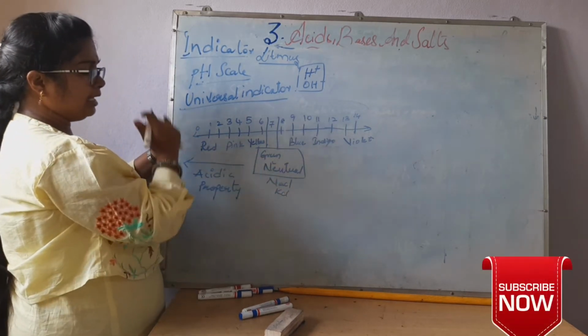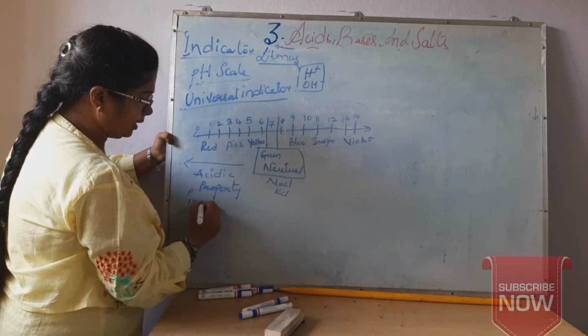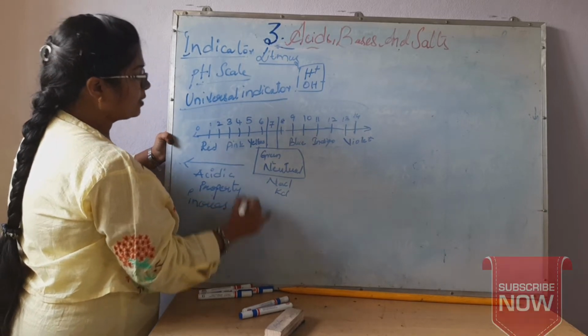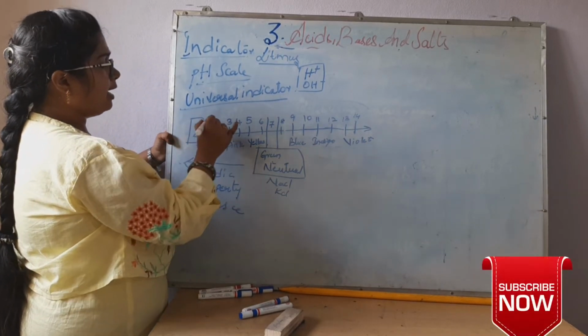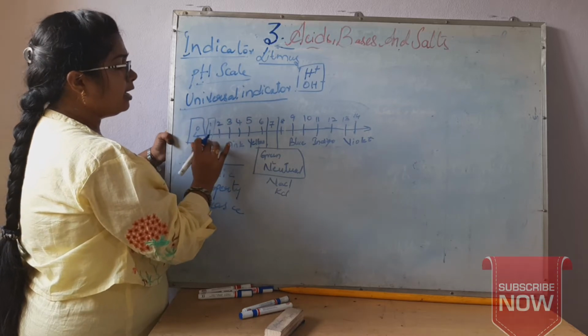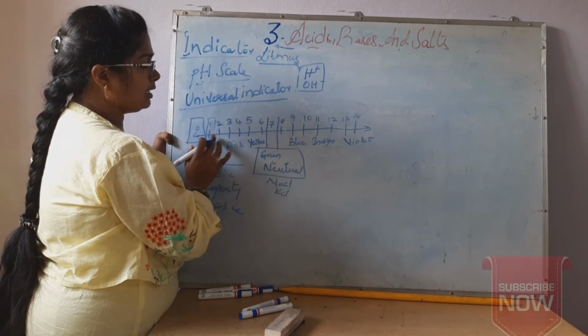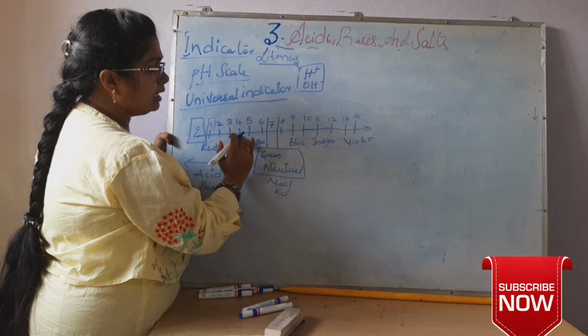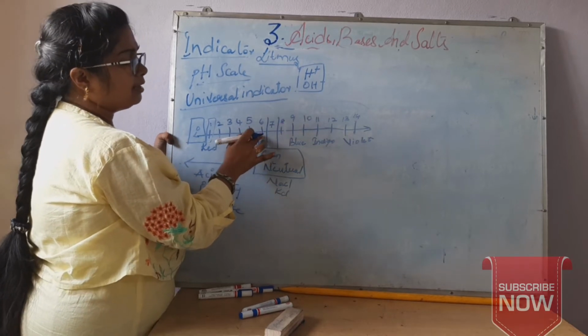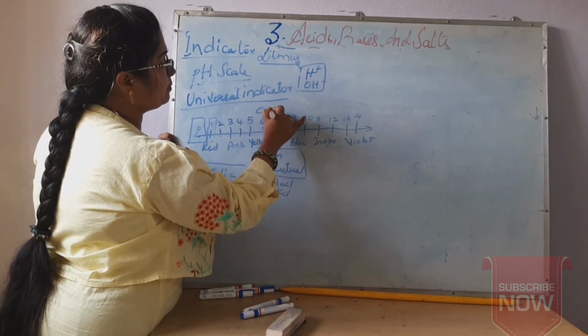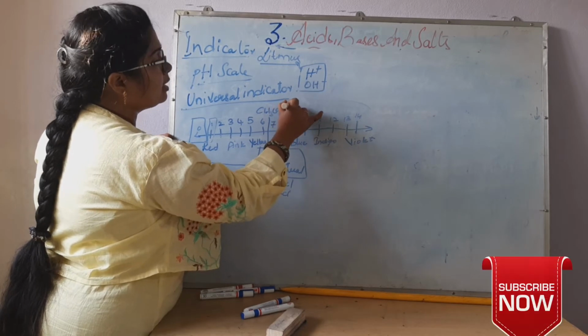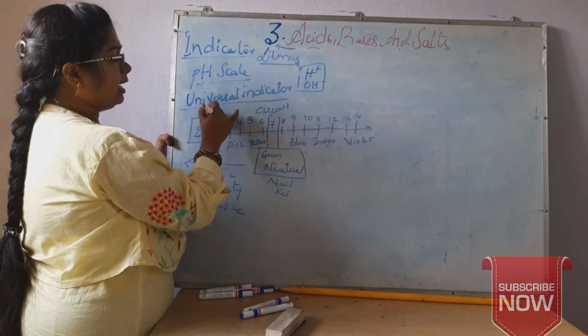At 0 it is concentrated, and at 1 too, strong acids. Later it becomes weaker, and acetic acid, CH3COOH, will come near to it like this. It is a weak acid, isn't it?